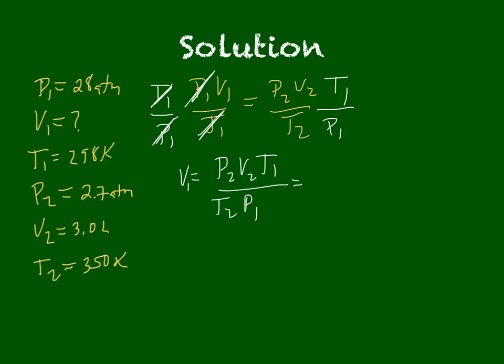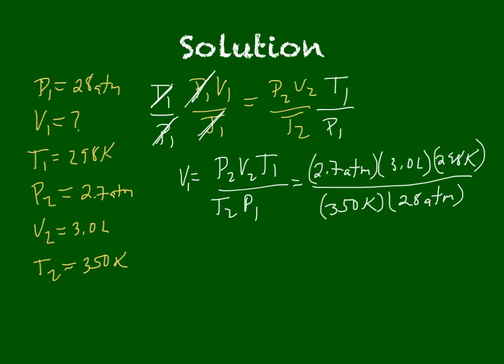And if I plug in my numbers and do the math, I get the initial volume to be 0.24 liters. Actually, I lied. It should be 0.25 liters because I have to round up for the sig fig.